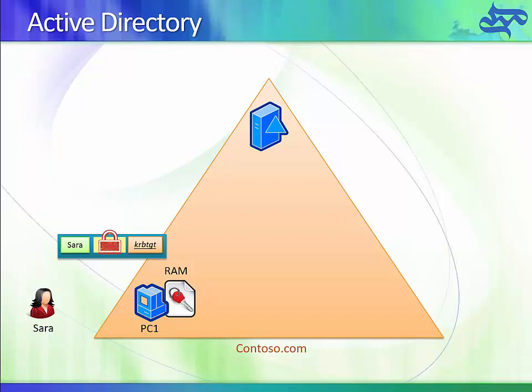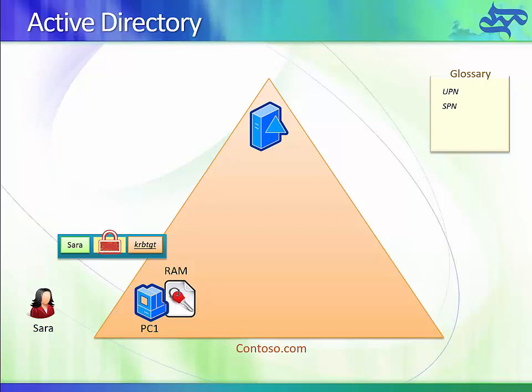Just before sending the packet to Kerberos, let me say a little about the glossary that we'll use within this slide. This part, as we said, is the UPN, user principal name. The second part, the third section of the packet, is KRBTGT. It is called the SPN, service principal name.